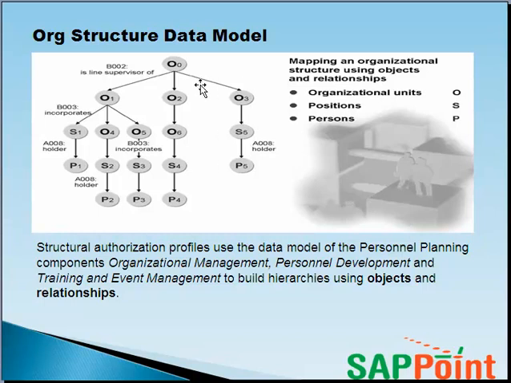Each element, such as the position, org unit, job, is represented in the SAP system by a unique 8-digit object ID. And the evaluation path uses the root object to determine the user's access to the objects within the org structure. Once that evaluation path determines the objects, the authorization is issued for all those objects.